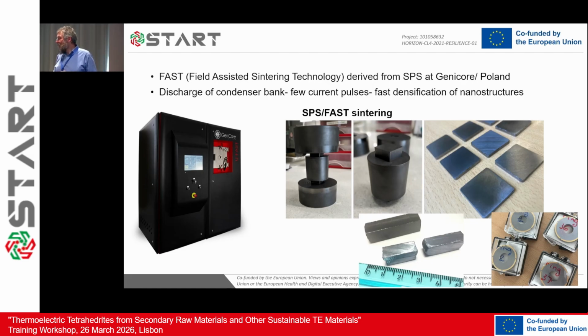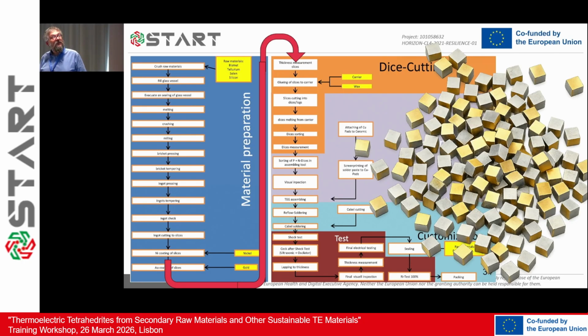These materials are quite brittle, so this is another aspect which is quite tricky about handling these materials and having them consolidated. You end up with something that is very prone to breaking back into pieces, but what you actually want is some nice pellet that you can dice and possibly coat and metallize and integrate in a system.